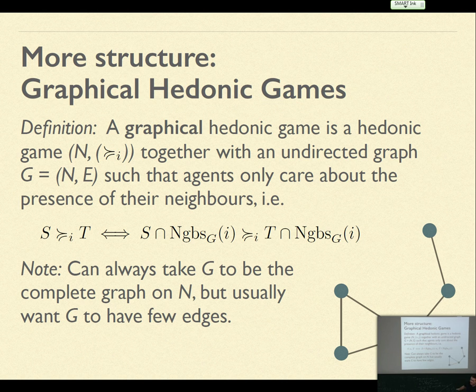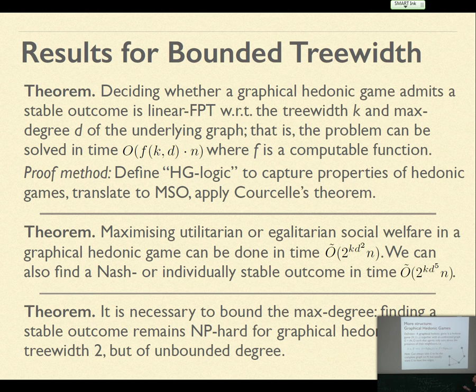Now, of course, we can always take G to be the complete graph, and then this condition here doesn't have any bite, but we will want this graph to be small, so to actually give us some information about the structure of this problem. All right, and so how are we going to enforce structure?